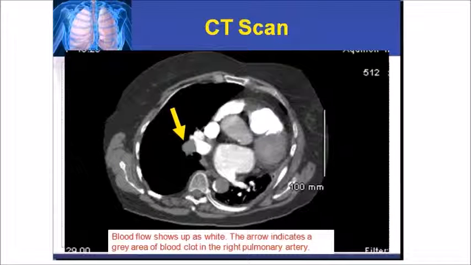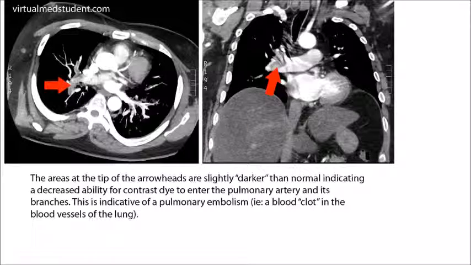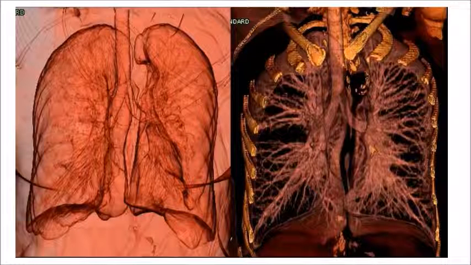CT pulmonary angiogram is a medical diagnostic test used to diagnose pulmonary embolism. It uses computed tomography and an iodine-based contrast agent to obtain an image of the pulmonary arteries. Volume rendering and surface rendering are also used. Surface rendering is limited and then it will display only surfaces that meet a threshold density and will display only the surface that is closest to the imaginary viewer. In volume rendering, transparency, colors, and shading are used to allow a better representation of the volume to be shown in a single image.